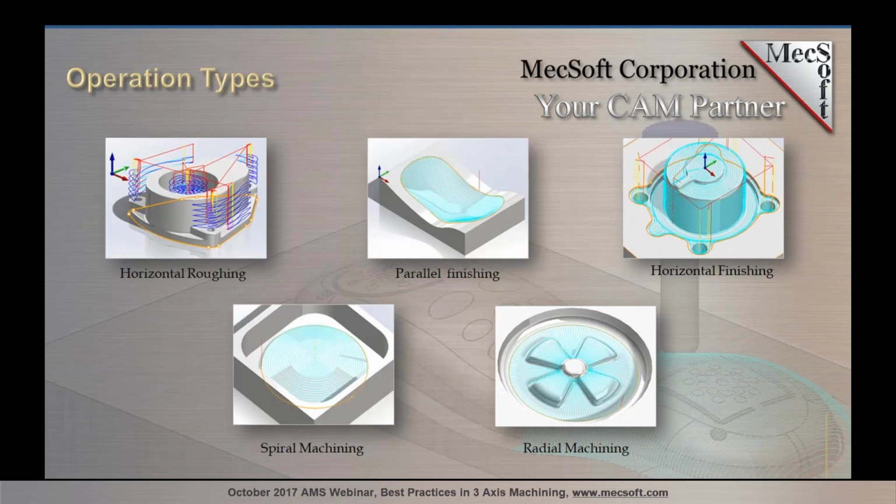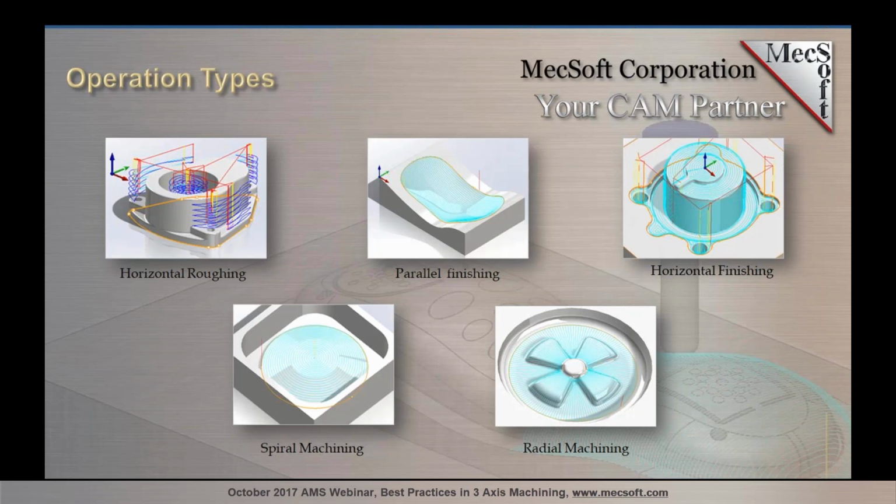The next operation is horizontal finishing, and in this strategy the cutter finishes in constant Z levels, and this is more suited for parts that have steep walls.